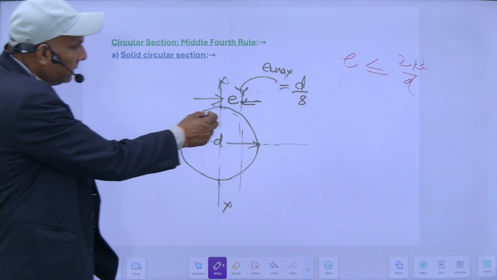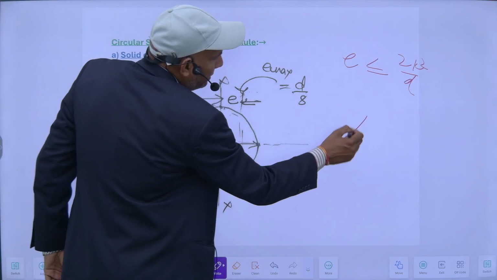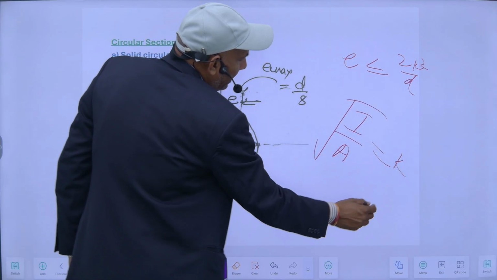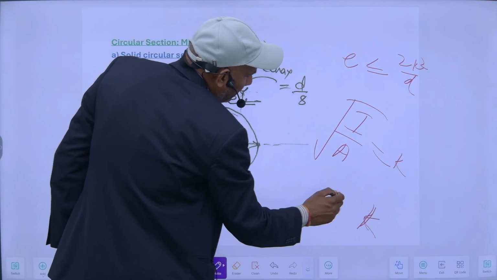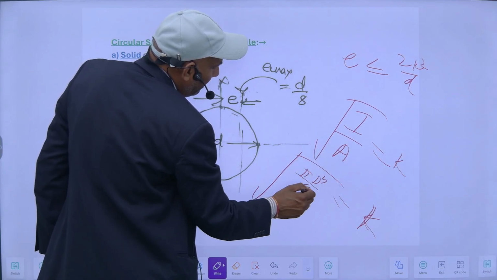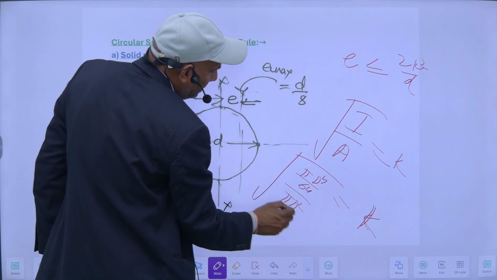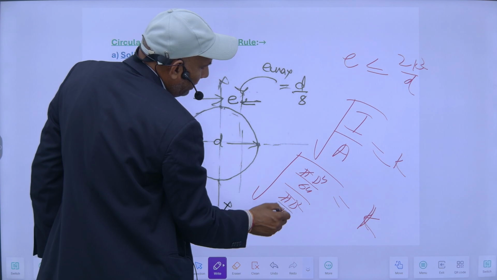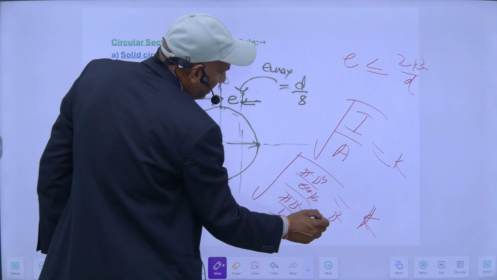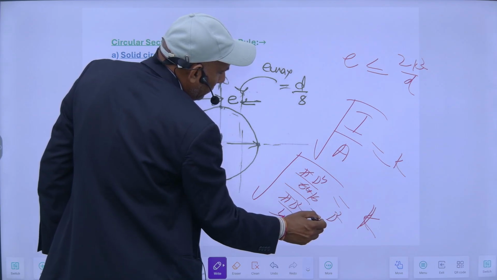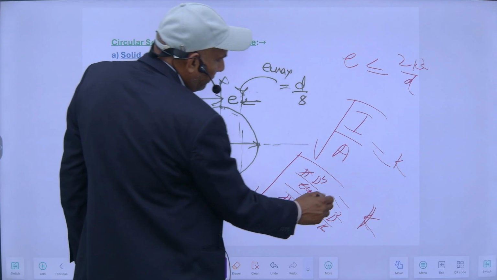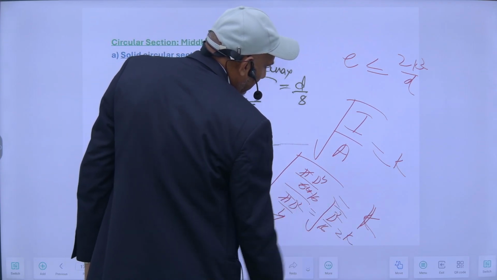So here the value of K for circular section, the radius of gyration, is root of I upon A. Moment of inertia is pi D to the 4 upon 64 divided by area, so it will be D square upon 16. So K is equal to root of this.